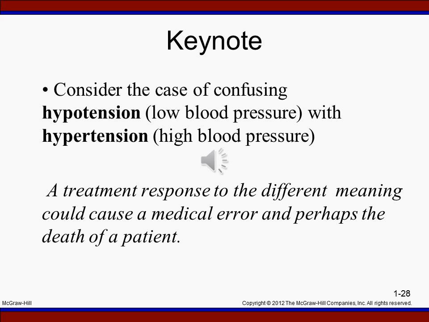So please understand how important it is when you are pronouncing the word so that the treatment can be what is needed for the patient. A treatment response to the different meanings could cause a medical error and perhaps the death of a patient. Hypotension is low blood pressure. Hypertension is high blood pressure.